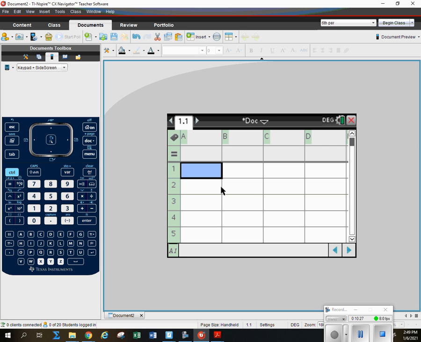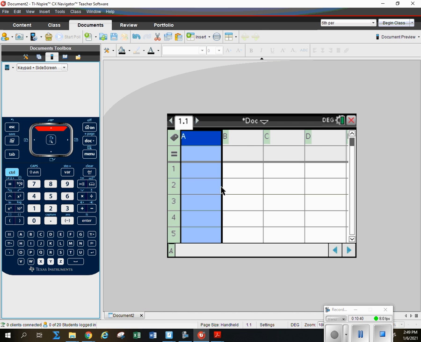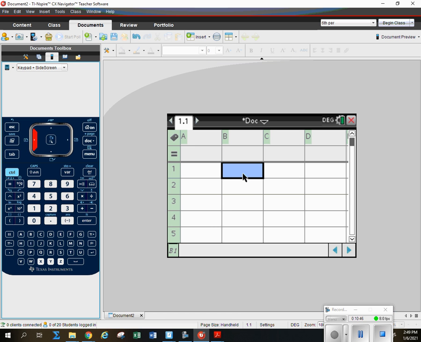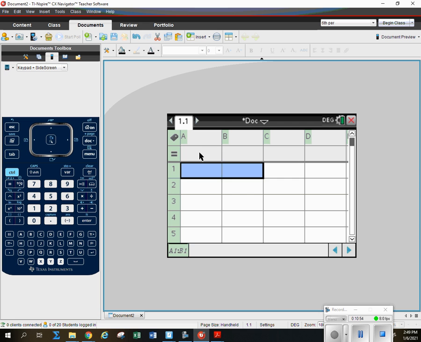Because I've got a brand new document, I don't have anything already in there. But if I did this and I've already got a table in there, I need to clear some of those things out. I could use my up arrow and go up until I have that box highlighted that has an equal sign in it, and it's under the A, and then I could do those steps in step number 3.